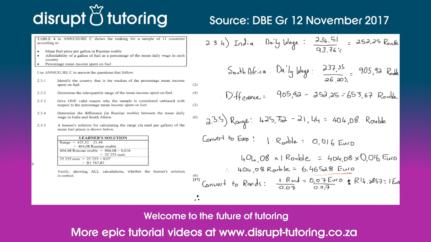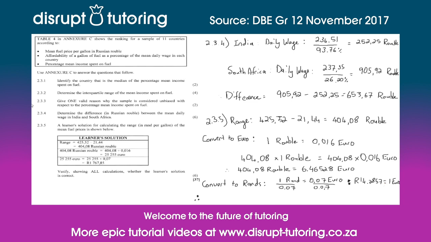So we know that 1 euro is equal to 14.285 rands. So if we multiply this number over here by the exchange rate that we just calculated here, we will get our final number in rands.